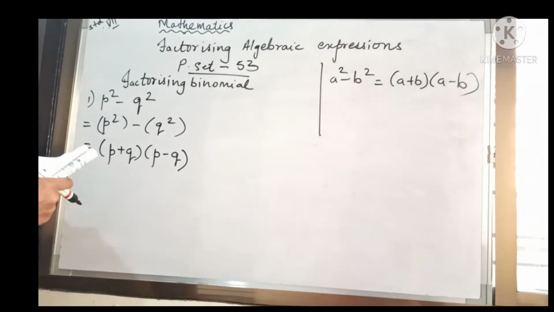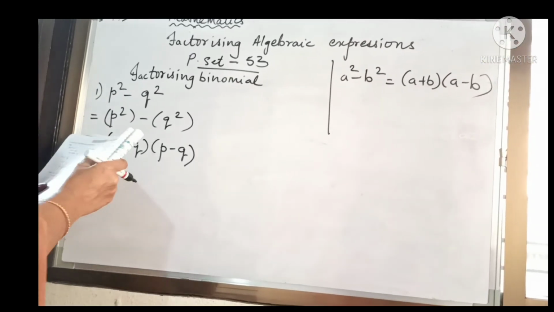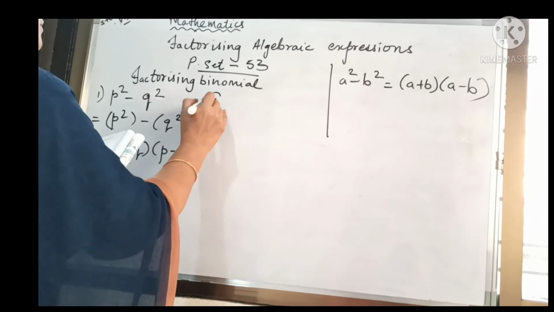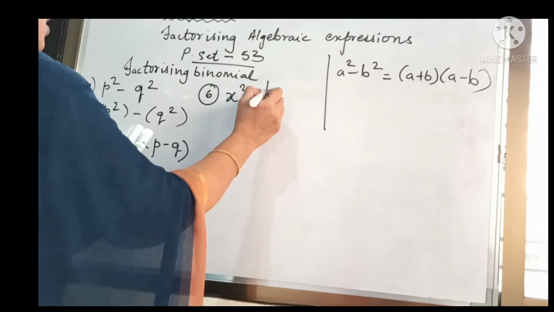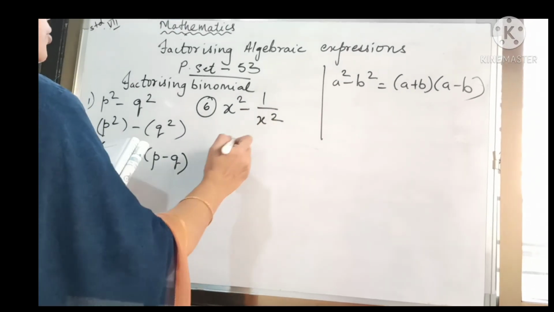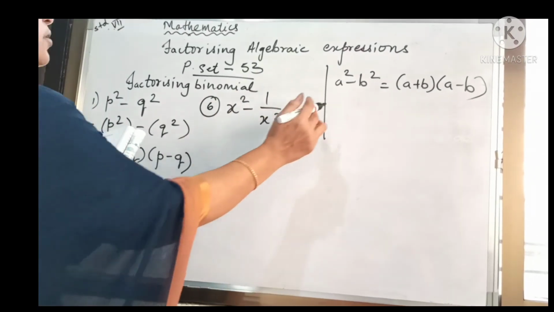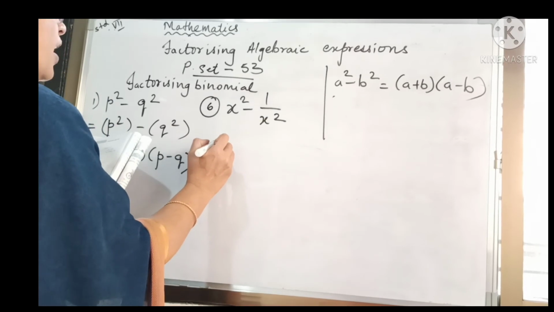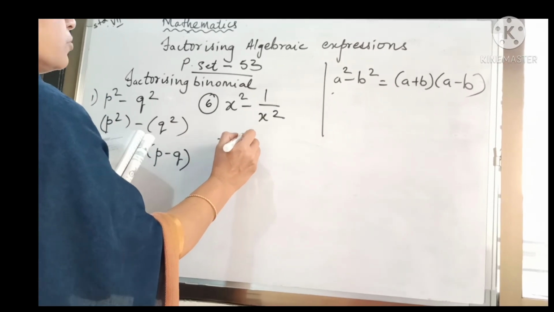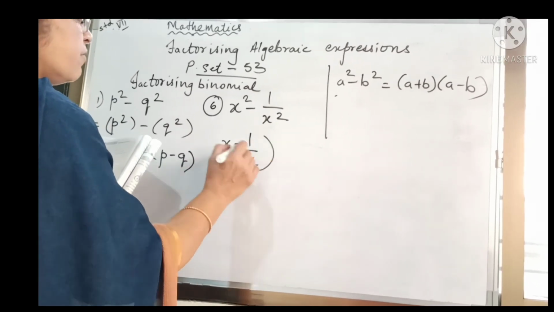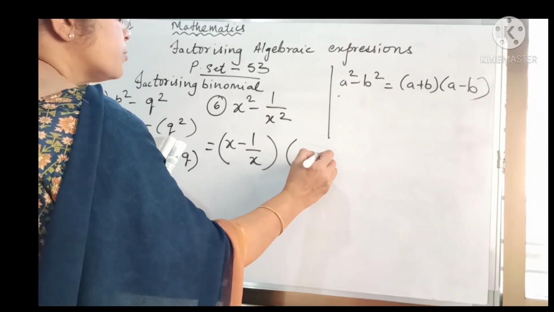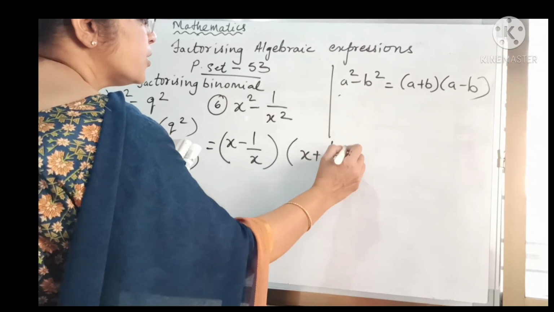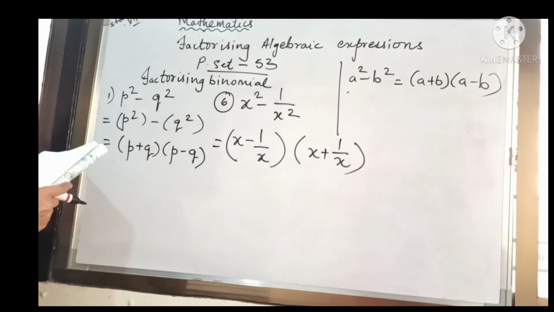Now let us do the sixth sum. x square minus 1 upon x square. So we will factorize this in this form. So we have x minus 1 upon x in one bracket and x plus 1 upon x in the other bracket.